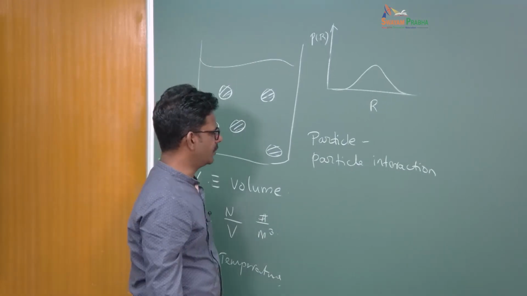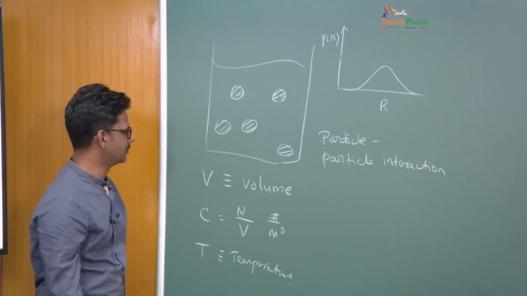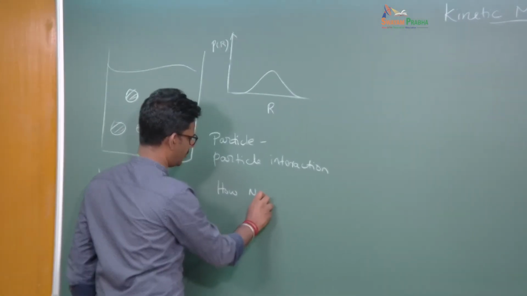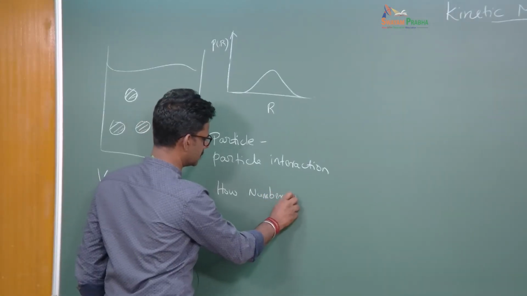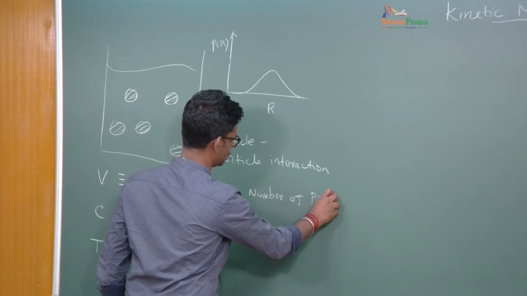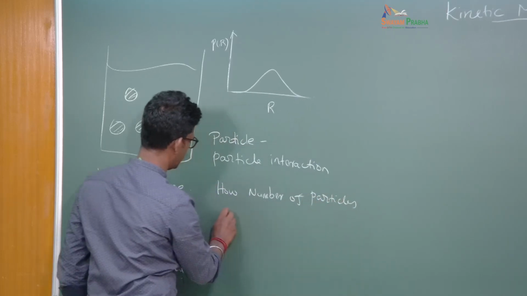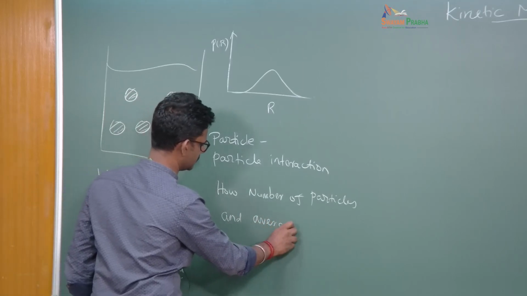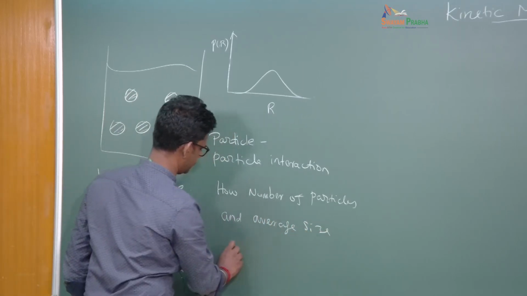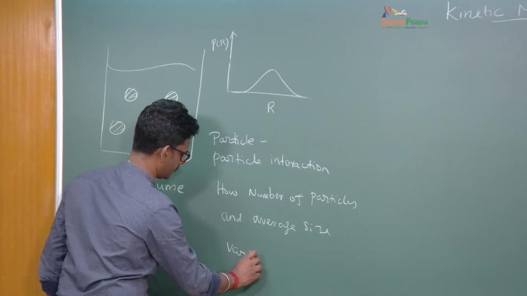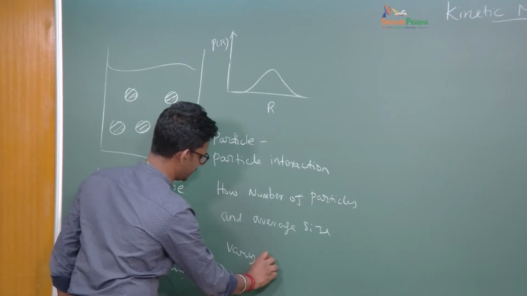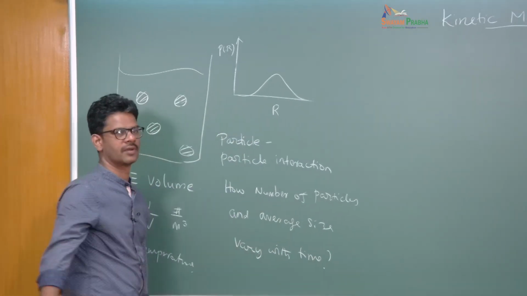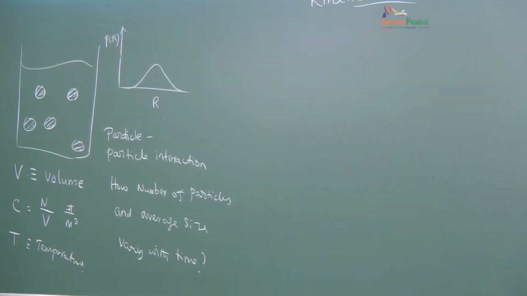So the question that we want to ask is how the number of particles and average size vary with time. Okay, so this is the kind of question that we can pose.